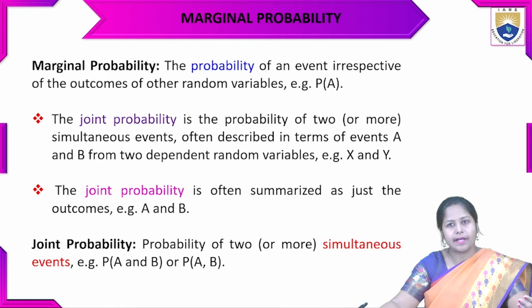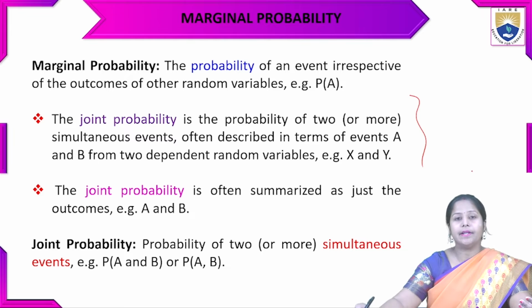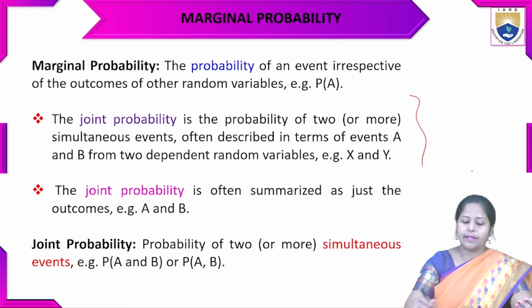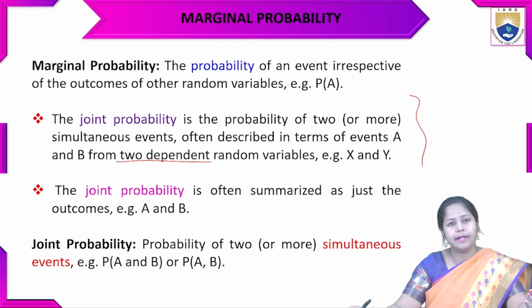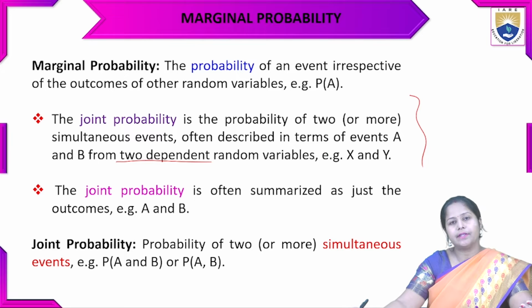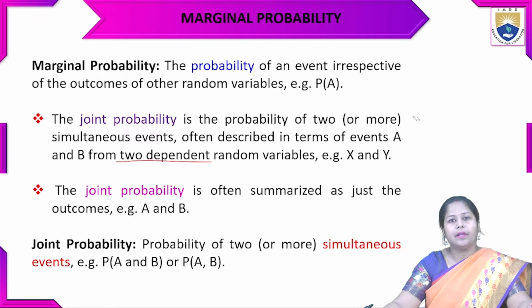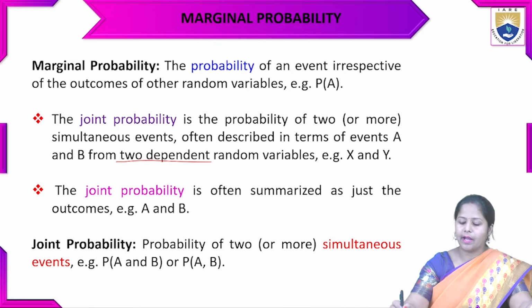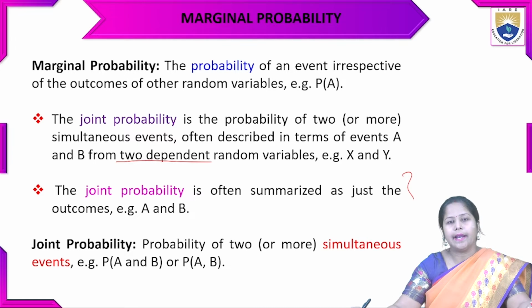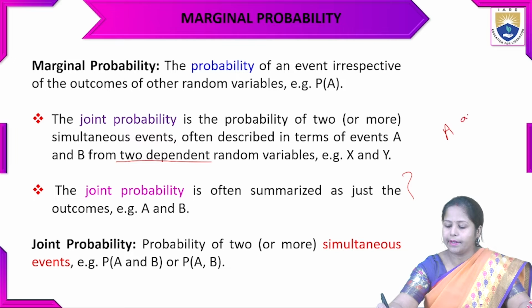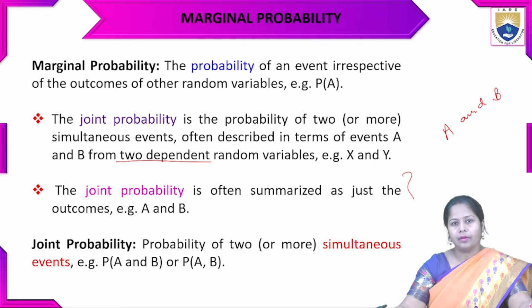That is the difference between marginal and joint probability. Joint probability is the probability of two or more simultaneous events, often described in terms of event A and B coming from two dependent random variables, for example X and Y. The joint probability is often summarized just as the outcome, A and B. We have to write it like A and B.